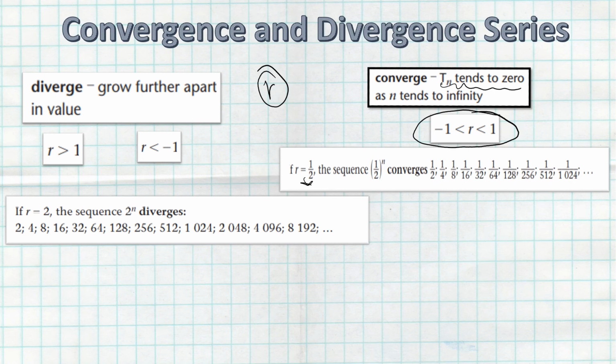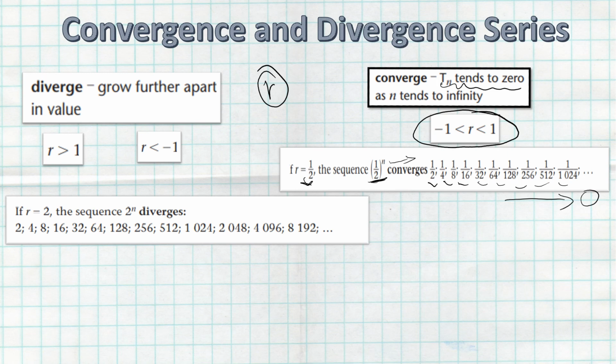And if your Tn is 1 over 2 exponent n, and you increase your n, moving to infinity, so if n is 1, 2, 3, 4, 5, you find that these Tn's tend to move closer and closer to 0. They approach 0. So we say they are converging. So it's a convergent series. Do you understand? Okay, so let's talk about divergent.